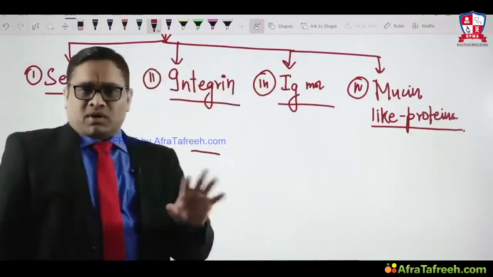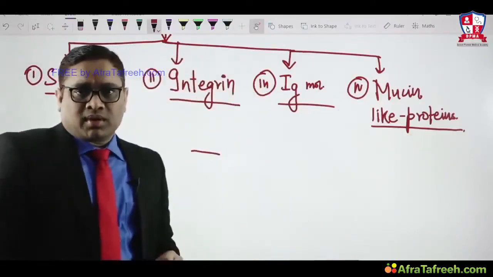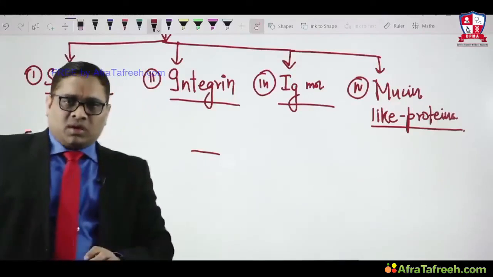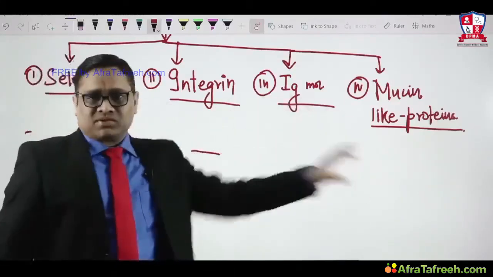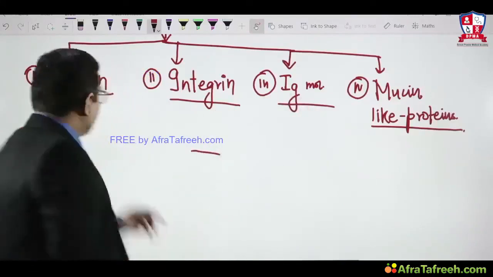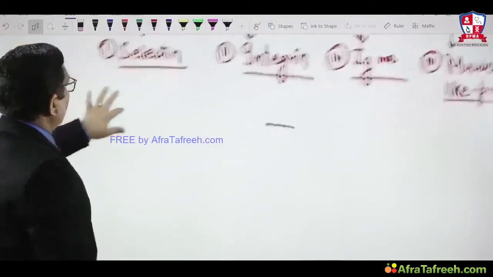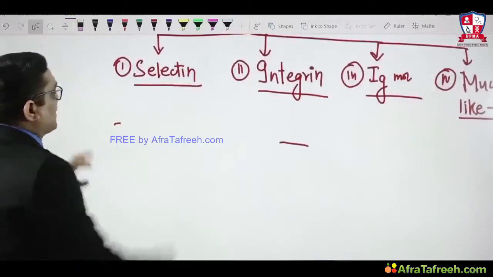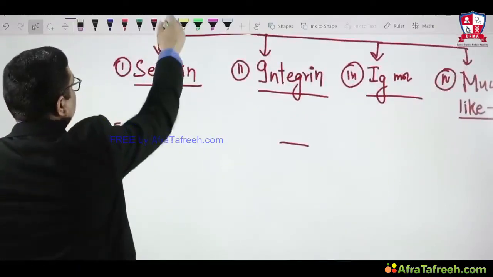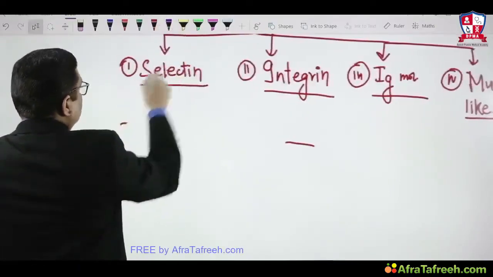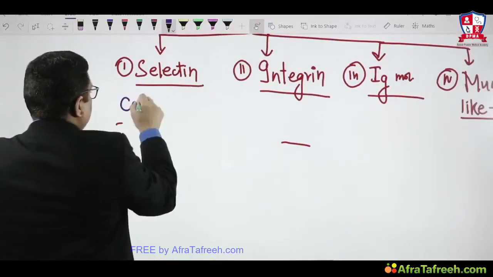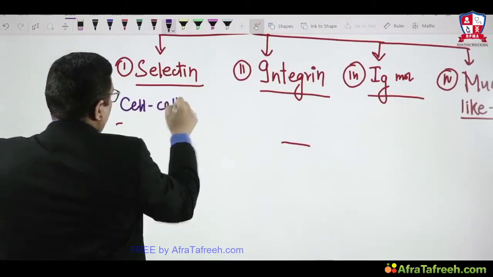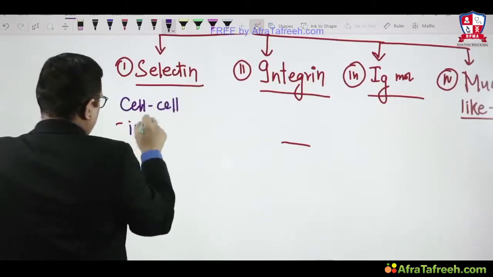All 4 were given in one of the PGI exams, right? Which of the following is an adhesion molecule? So now you can see all 4 are adhesion molecules. Now we will see one by one. What is selectin, right? What is the function of selectin? The name of selectin itself is telling that selectin is required for cell to cell interaction.